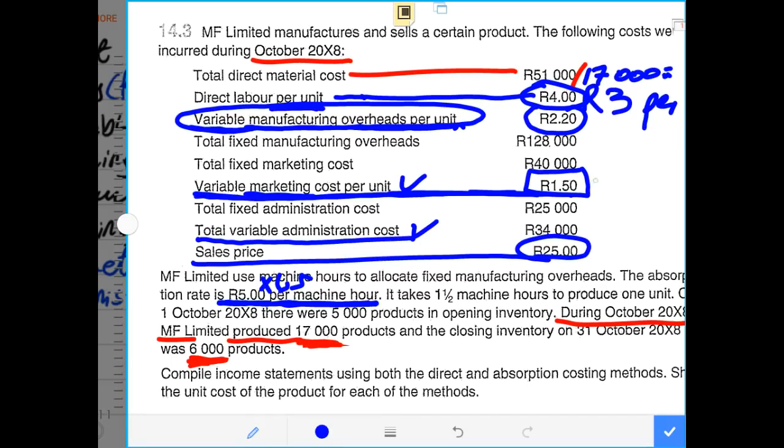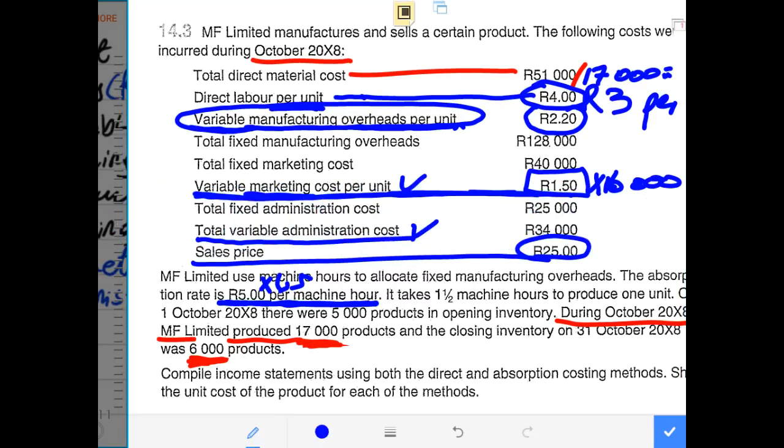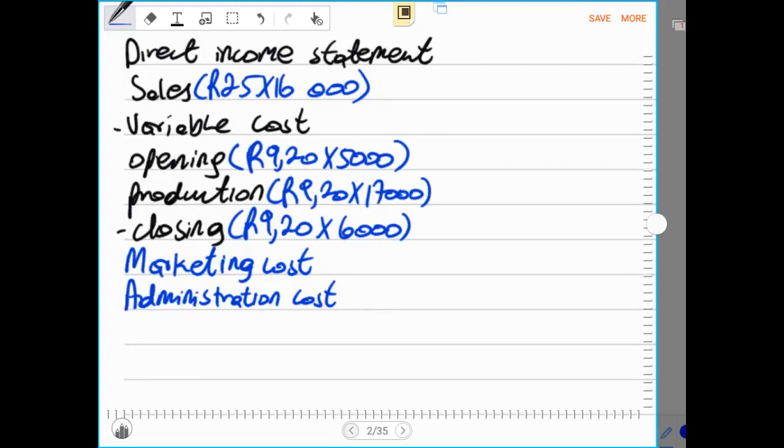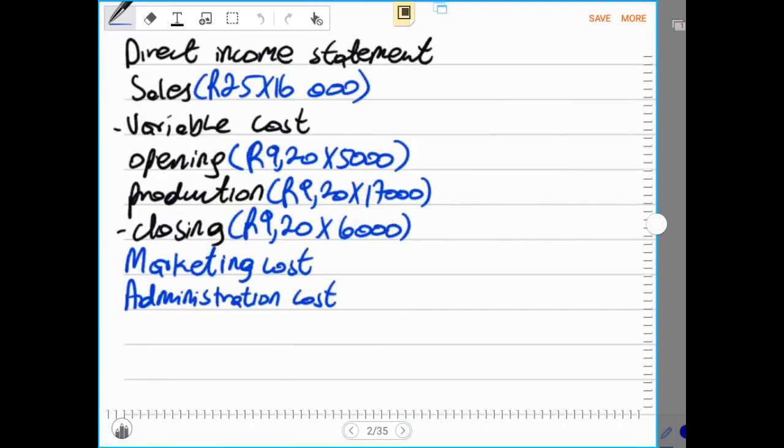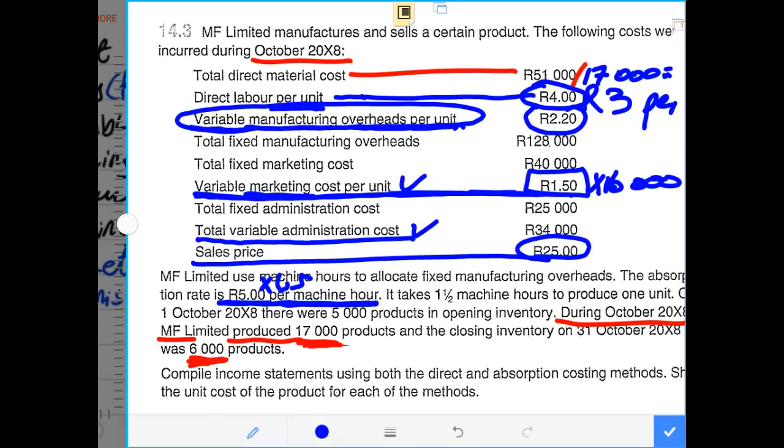That is why this will be multiplied by the number of units sold, which was 16,000 units. So R1.50 times 16,000 units will give us the marketing cost in total for the month of October, or the marketing cost to sell the 16,000 units.